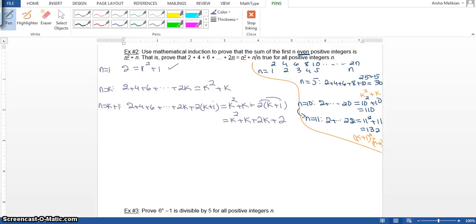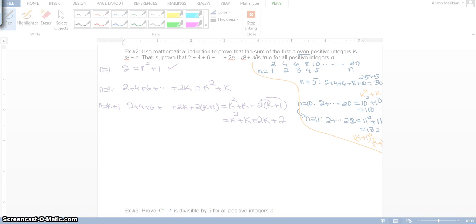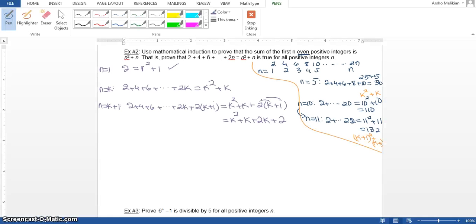Okay, so first I'm just going to switch the order of these two. So I'm just going to write it as... Wouldn't k plus 2k just be 3k? Yeah. So it'll be k squared plus 2k plus k plus... Now, the 2 here, just for fun, I'm going to split it into 1 plus 1, because I can do that.